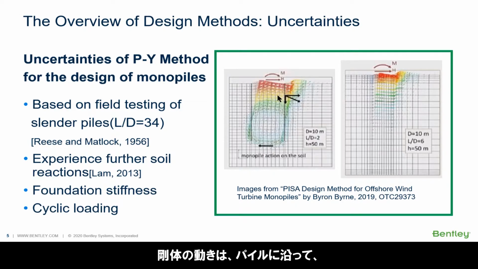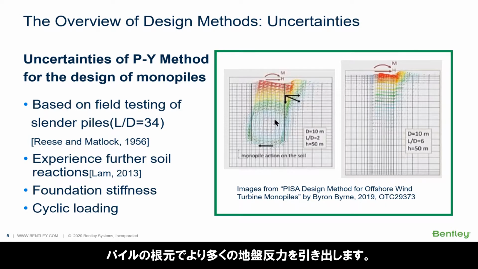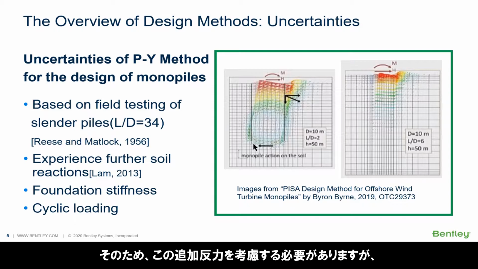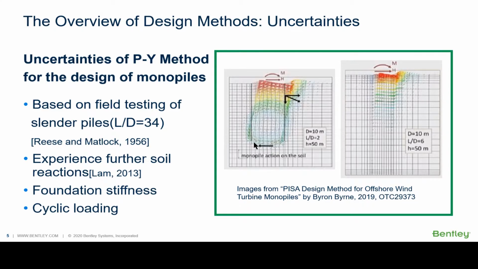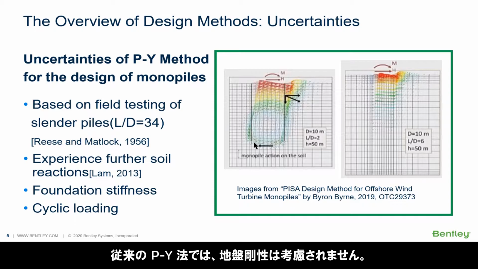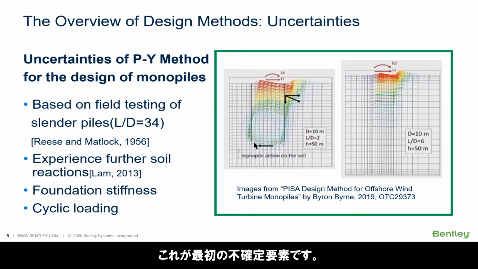By having a rigid body motion, it attracts more soil reactions along the pile and at the base of the pile. So we need to consider the additional soil reactions, soil springs here. But these additional soil stiffnesses are not considered in the traditional PY approach. This is the first uncertainty.